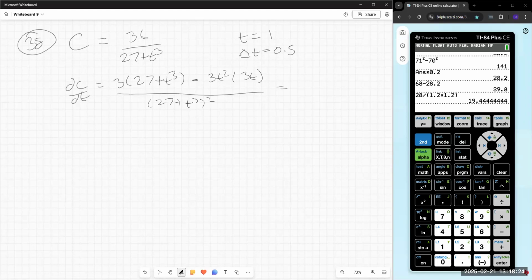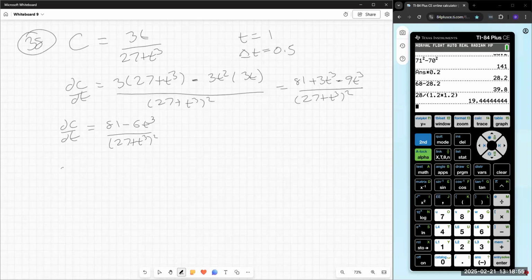That will be 81 plus 3t cubed minus 9t cubed over the quantity 27 plus t cubed squared. dC/dt will be equal to 81 minus 6t cubed over the quantity 27 plus t cubed raised to the second power.